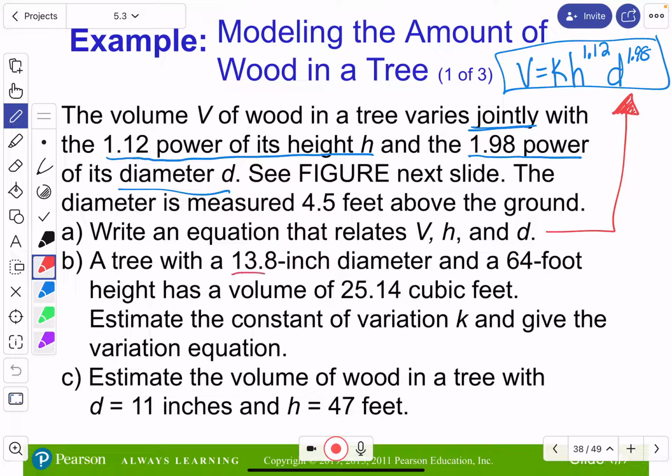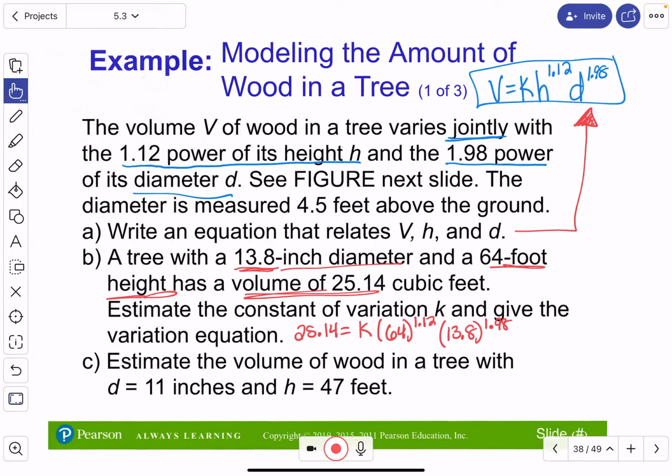Then they give us a diameter, a height, and a volume. So they want us to solve for K. So we would do 25.14 equals K times the height, so 64 to the 1.12, and the diameter is 13.8 to the 1.98.